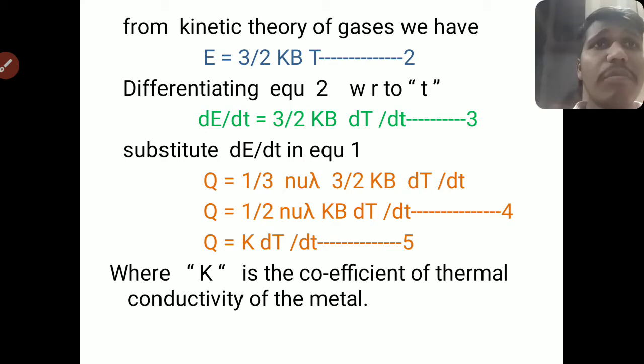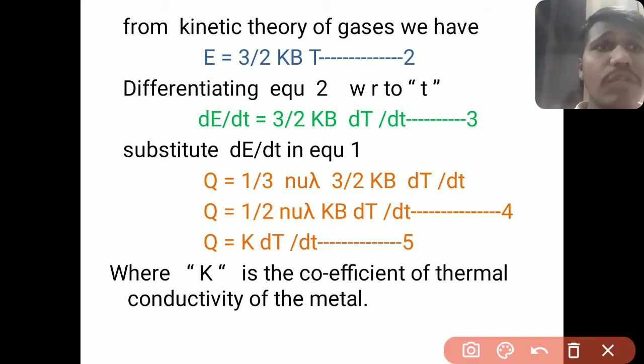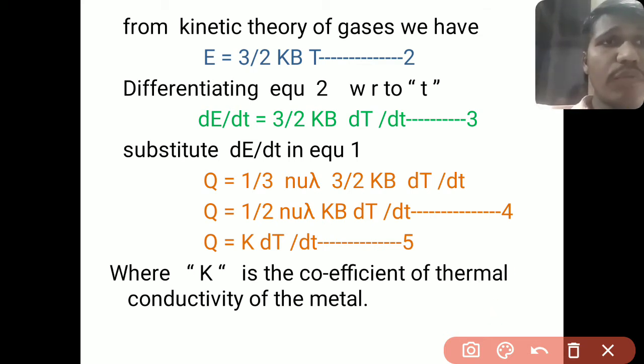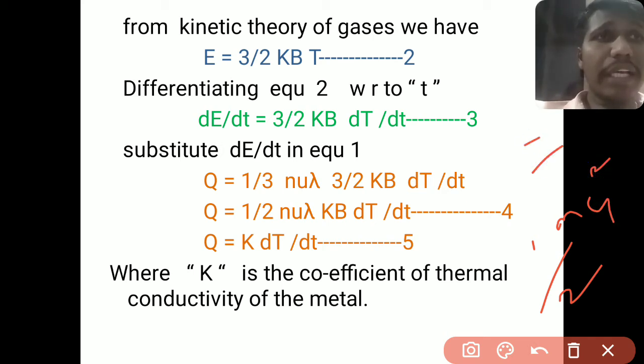From the kinetic theory of gases, which we already used in electrical conductivity, the kinetic energy is half m u square, and half m u square is equivalent to 3/2 kB T in the kinetic theory of gases.